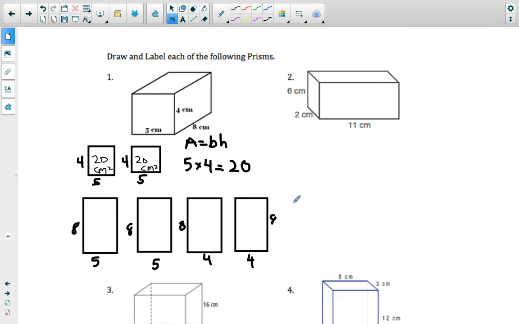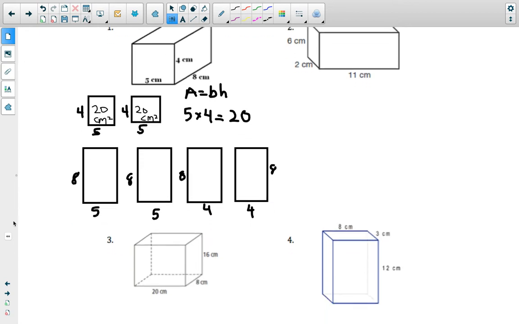These two are both 8 by 5, so I would write that down. I probably want to make sure I left room. 8 by 5 will give me the area, which equals 40 centimeters squared. So this one's 40 centimeters squared.